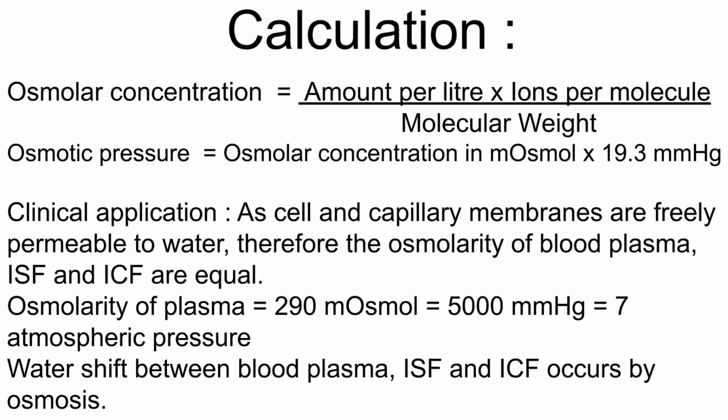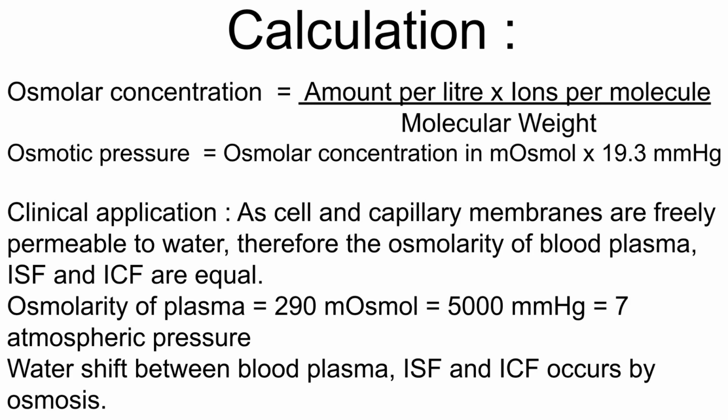Step 2. To get the number of moles or millimoles per liter, divide the amount of glucose per liter by the molecular weight of glucose, as each molecular weight represents a mole. For example, the molecular weight of glucose is 180. So, 360 grams of glucose equals 360 over 180, which is 2 moles per liter.